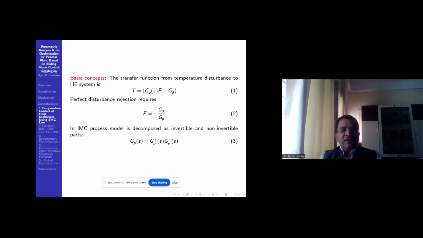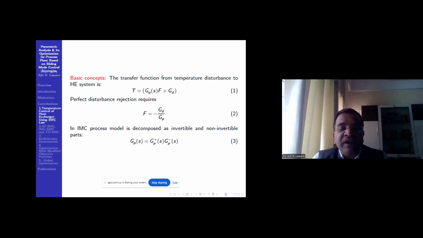Now, the basic concept behind this heat exchanger system with disturbance is T equal to GP of S, F of S plus GD of S. So GP of S is nothing but the process transfer function, F is the feed forward controller transfer function, and GD is the disturbance transfer function.